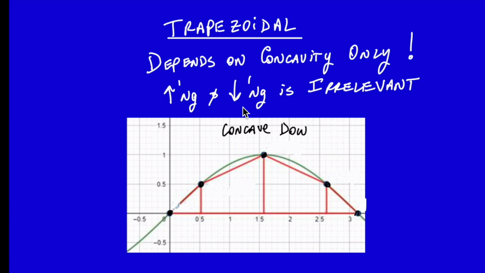This portion of the graph is increasing, and it's concave down. And what do you notice? This is an underestimate because there are portions of the graph that are above our trapezoidal figure. Now, when we move to this part of the graph, still concave down, but now decreasing, we see that it's the same. This is still an underestimate.